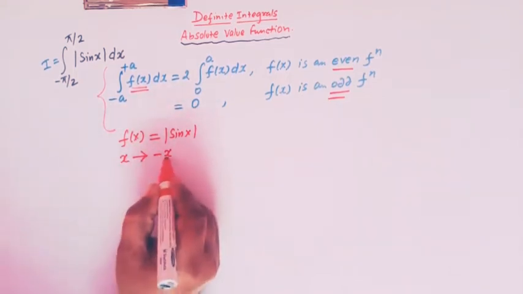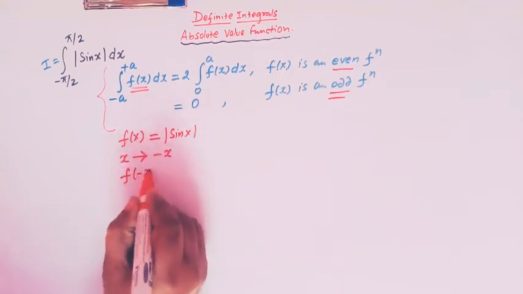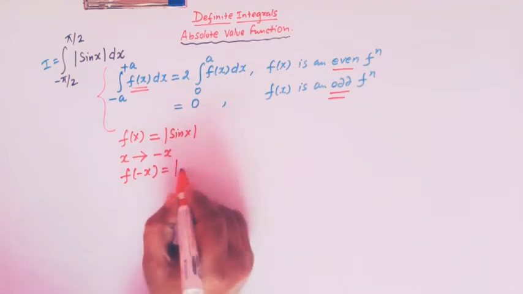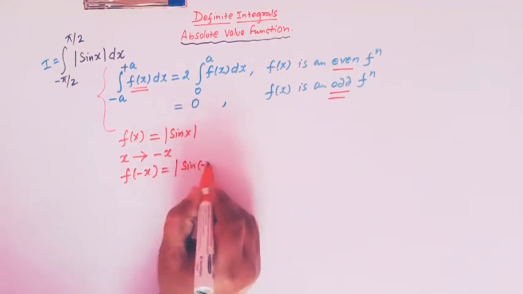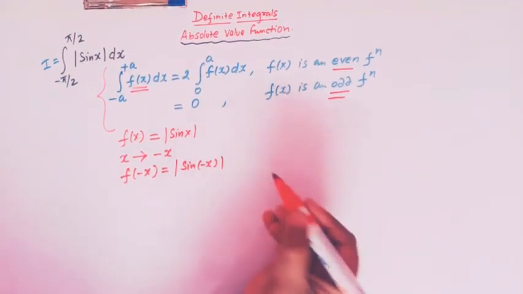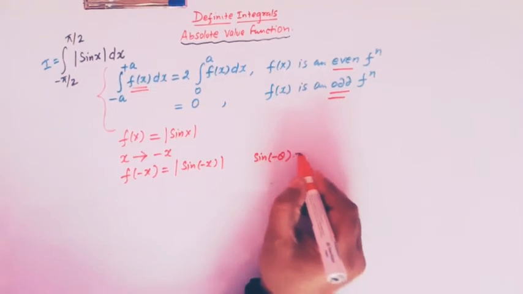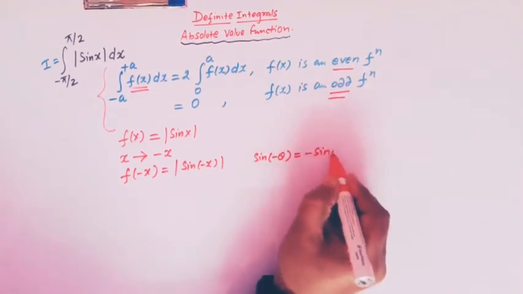When we replace x by minus x, we get f of minus x is equal to mod of sine of minus x. From trigonometry we know that sine of minus theta is equal to minus sine theta.